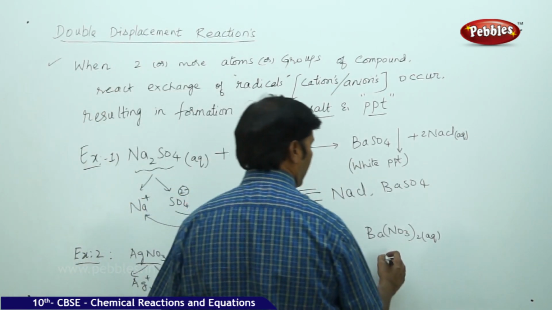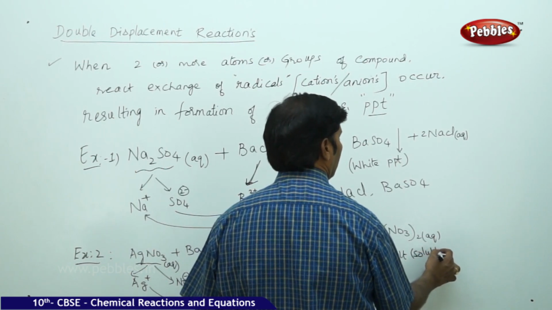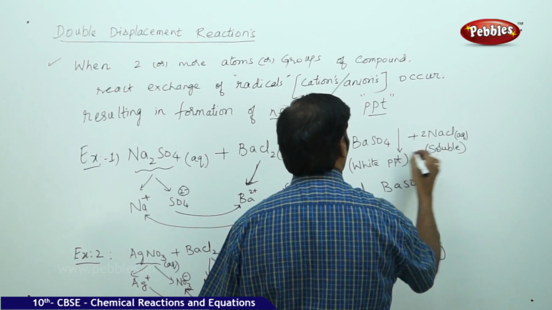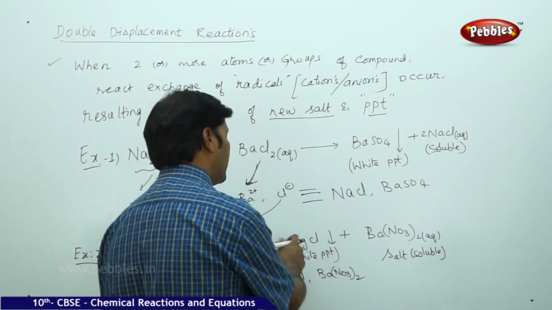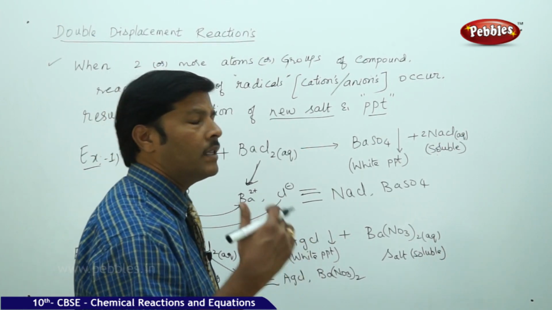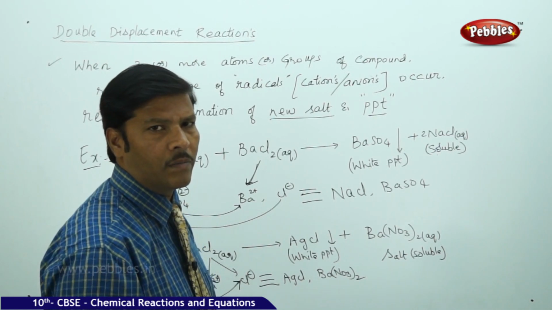So this is the precipitate and this is a soluble salt. Wherever we call it a precipitate, it is insoluble. Wherever it is soluble, that means the salt is able to dissolve completely in water.